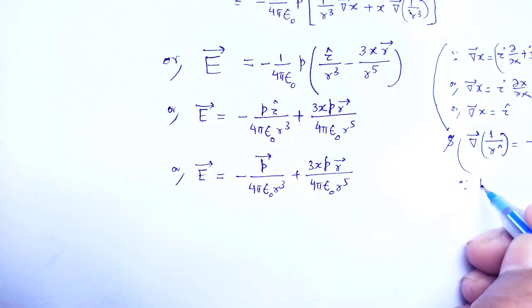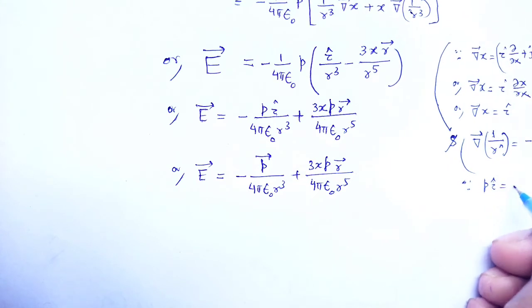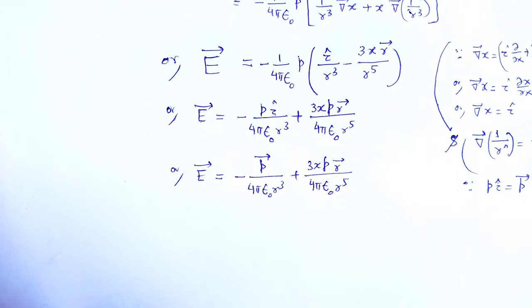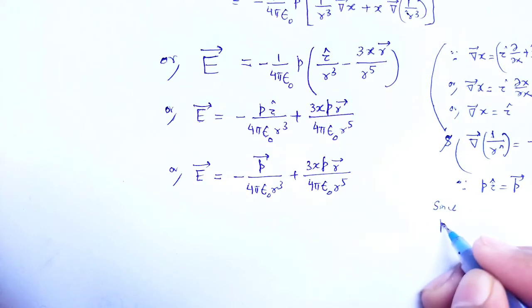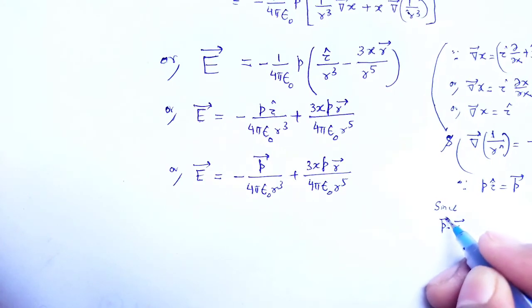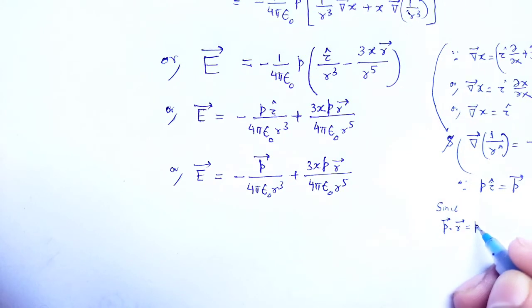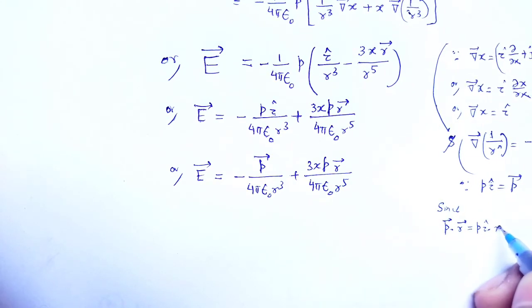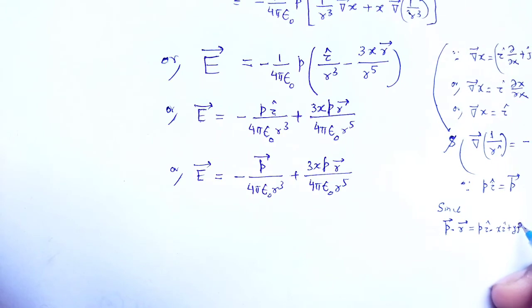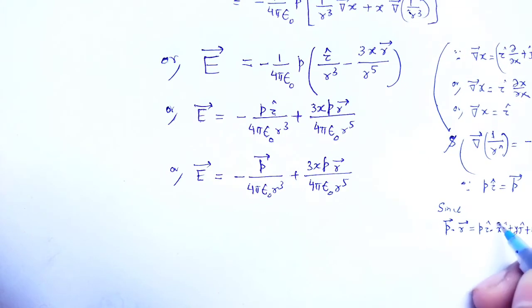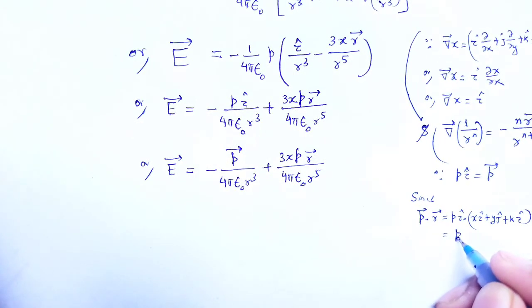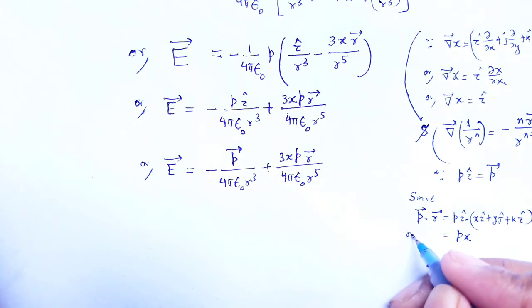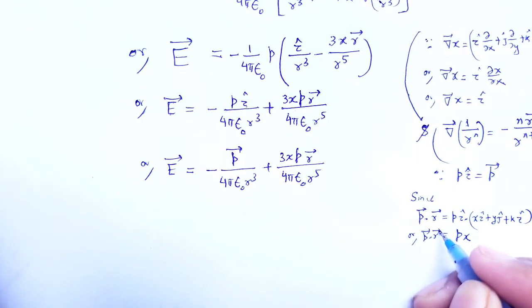Here p i cap is equal to p vector, and again the value of p dot r: since p vector is p i cap, dotted with r vector, that is x i cap plus y j cap plus z k cap, the dot product result will be p x, only the x component exists. This is the value of p dot r.